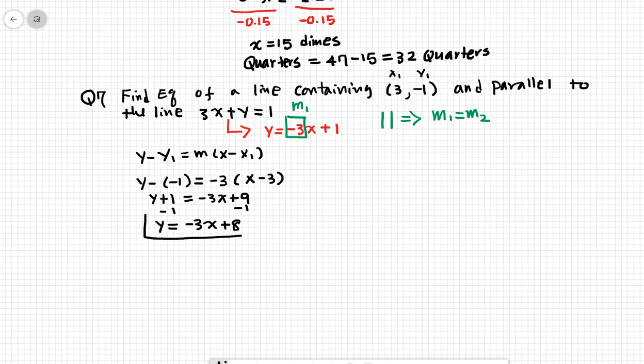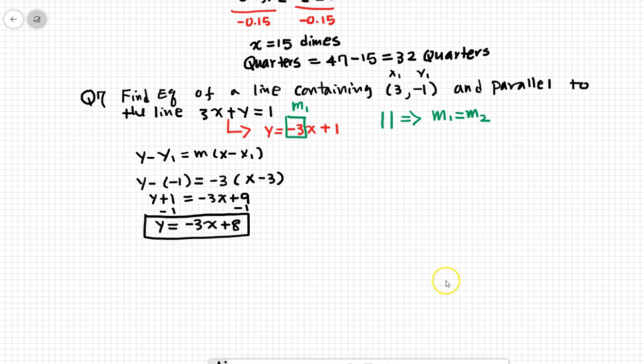And that should be our line that's parallel to 3x plus y equals 1, but it's going through the point (3, negative 1). It is not necessary that you rewrite the standard form that you are given in the question. As long as you write it in slope-intercept form, I'm okay. All right.